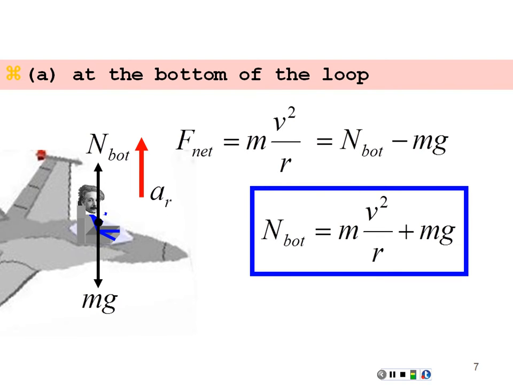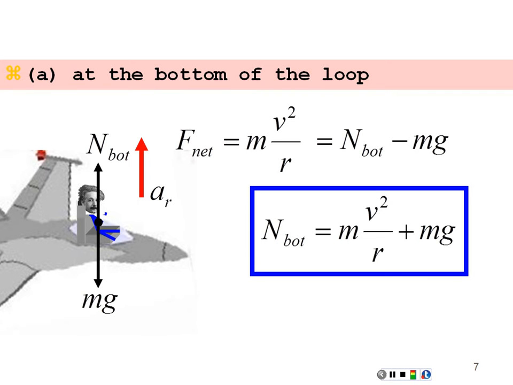What does this mean? If you were this pilot going loop to loop, at the bottom of this loop, you're going to be sinking into the seat, and the seat's going to be pushing back. The force that it pushes back with, the normal force, is going to be equal to at least your weight, mg, plus an additional term, mass times v squared over r.